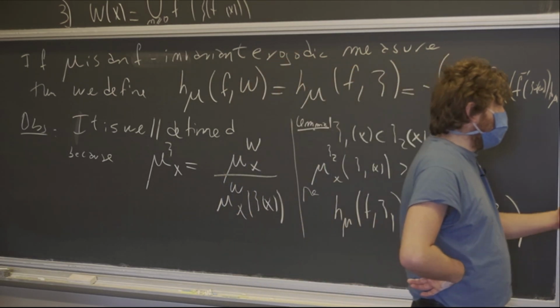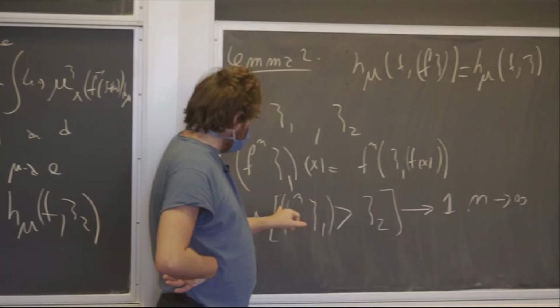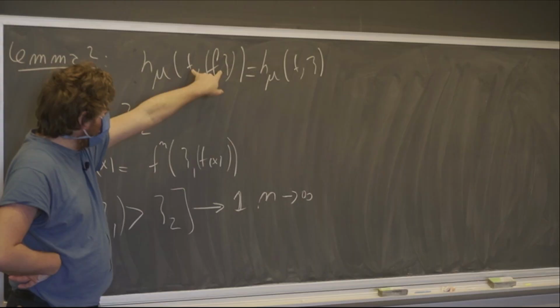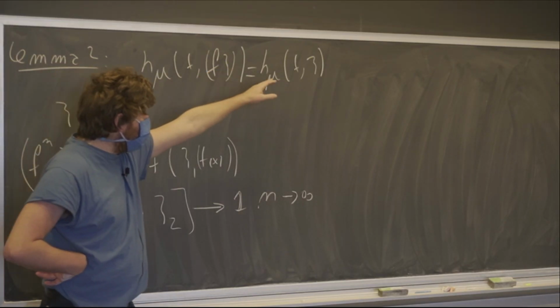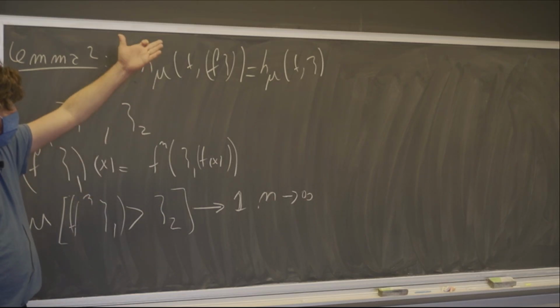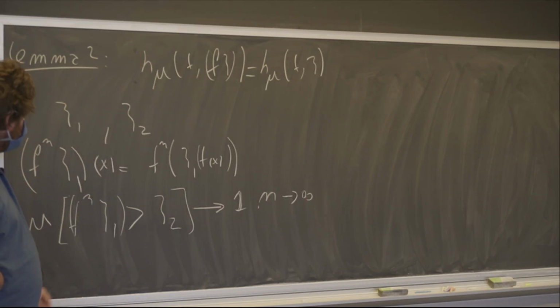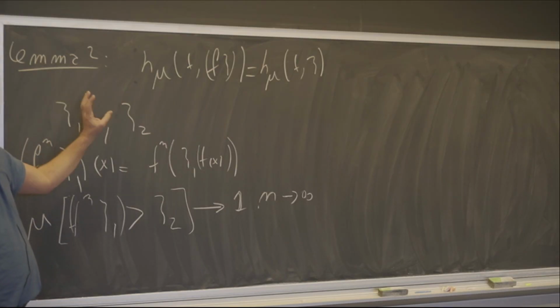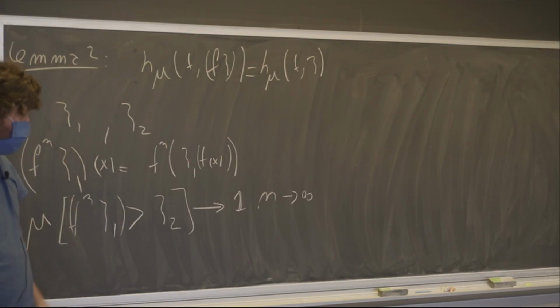And then you go again to this statement and see that the entropy for this is essentially the same as the entropy for psi1, which is then smaller than the entropy for psi2. That way you prove that the entropy for psi1 is smaller than the entropy for psi2. Then you reverse the roles of psi1 and psi2 and you are done.